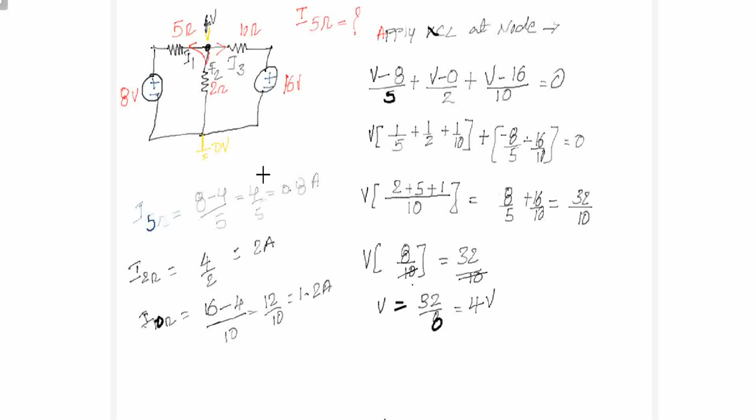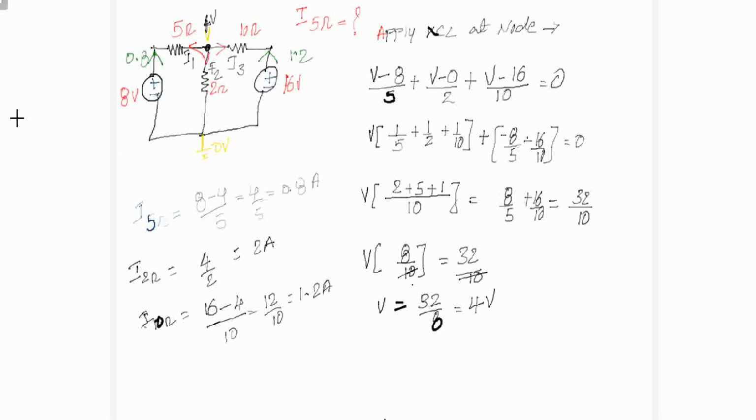Now let us verify KCL. I am indicating the actual current direction with the green symbol. So this is your actual current direction. The value is 0.8, and here the actual current direction is this one. What will be the value? 1.2.